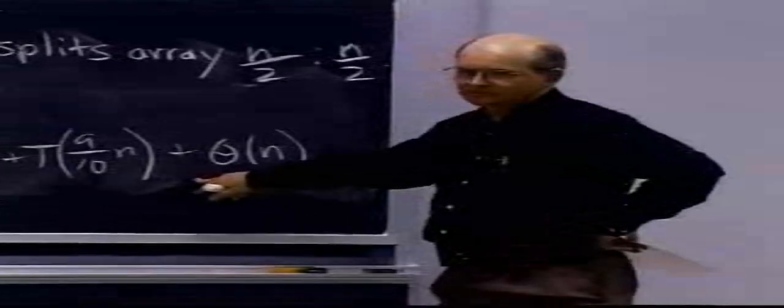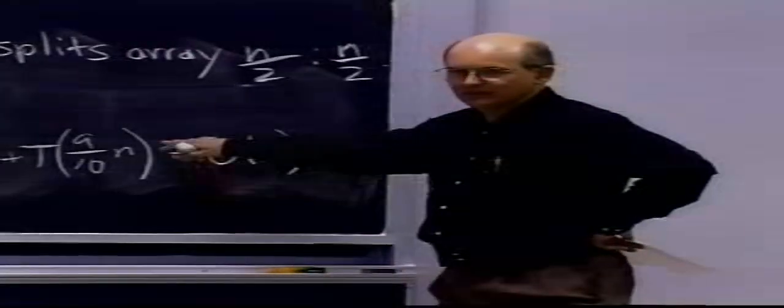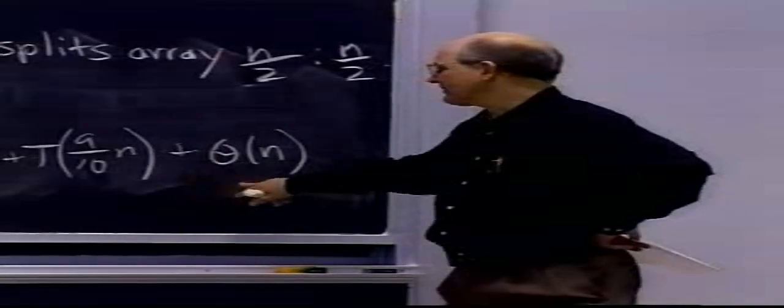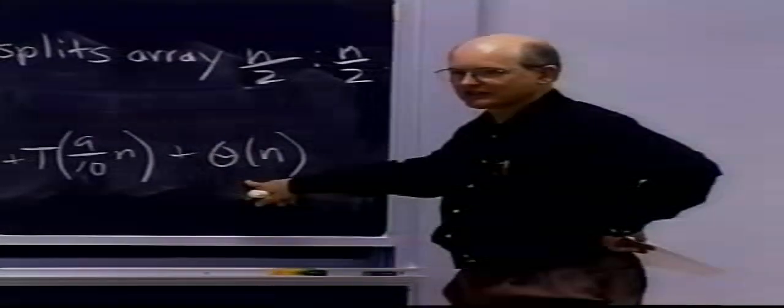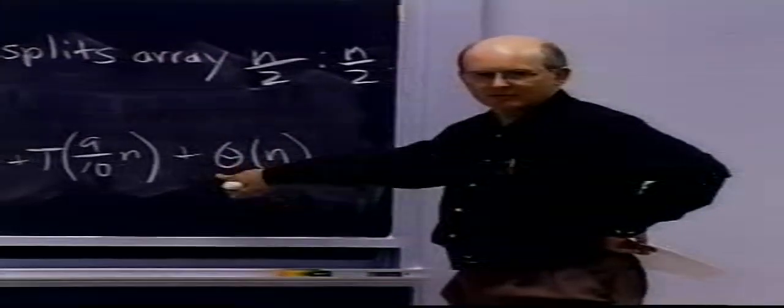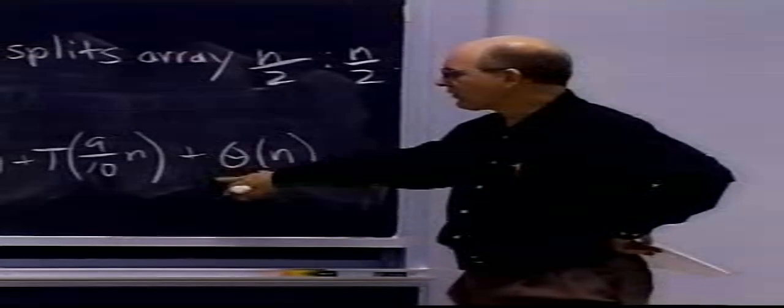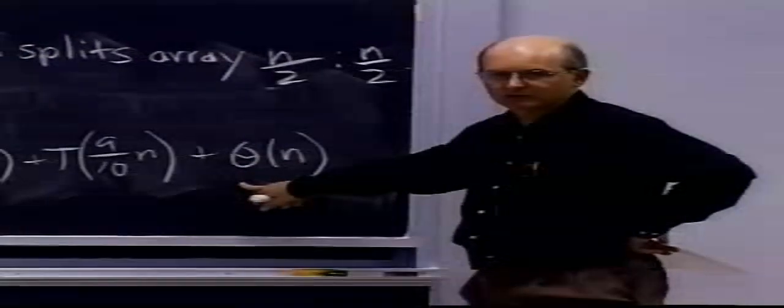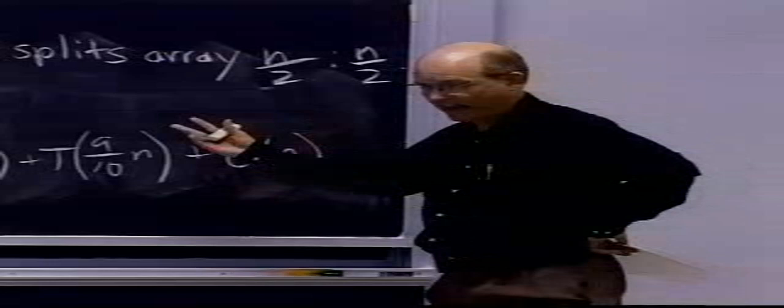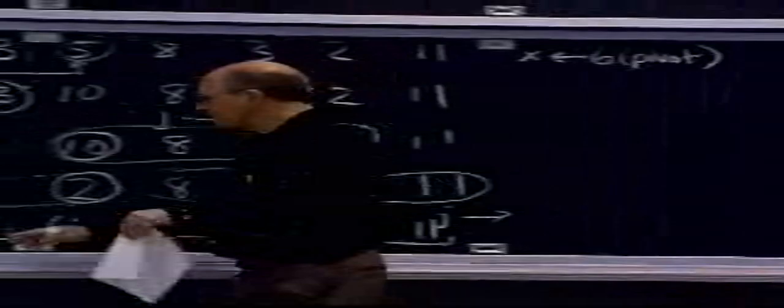For things like this, it's sometimes even easier than memorizing Akra-Bazzi to just solve it with substitution. What we're going to do is a recursion tree, which will give us the right guess, and then we'll be able to solve it with substitution. So let's do a recursion tree for this.